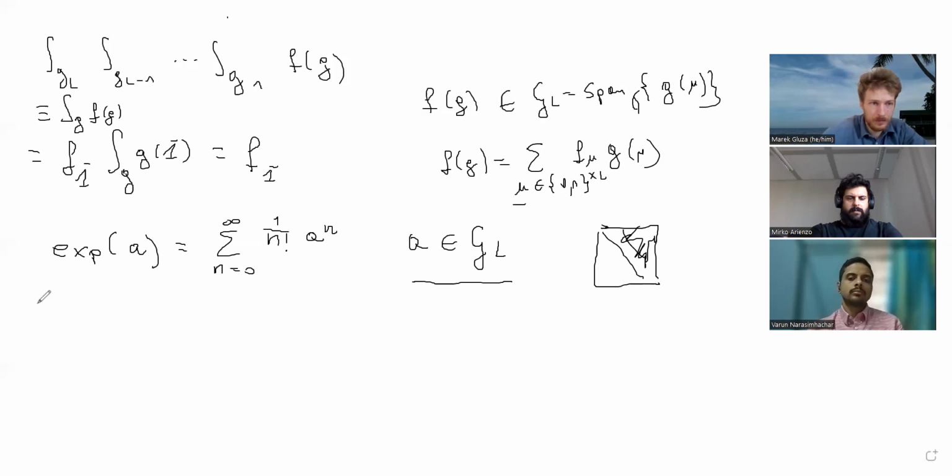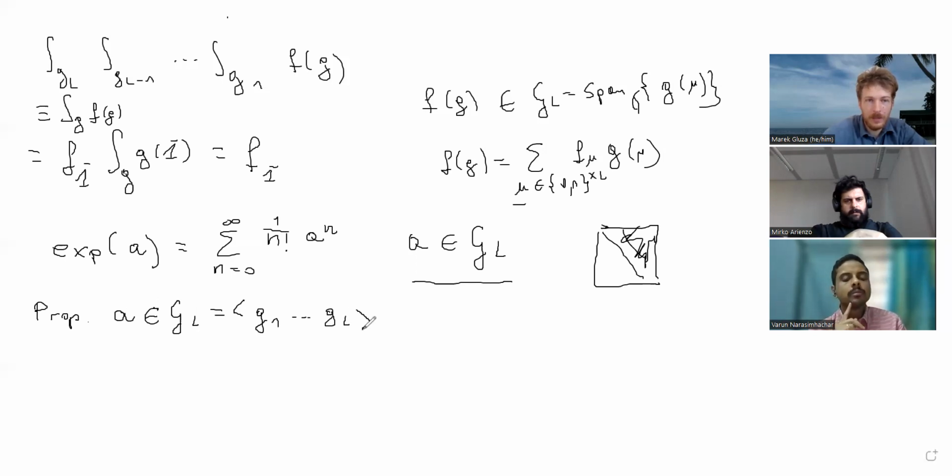So now we can make a simple calculation. If I have a, which is some expression in G_L, which is the Grassmann algebra generated by L Grassmann numbers, then a to the power L plus 1 is equal to 0, no matter what it is.